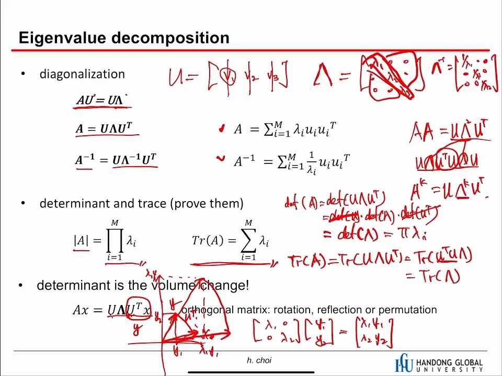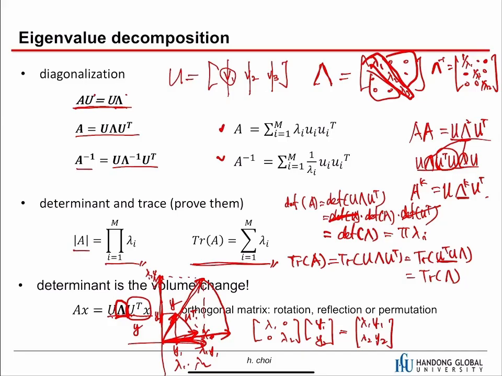Okay, so the volume change is affected by only this one, lambda. And look at this one. When we change the volume from this one to this one, we multiply by lambda 1 and lambda 2 in this direction and this direction respectively. So if we calculate the area, lambda 1 times lambda 2 is actually what changes the area.